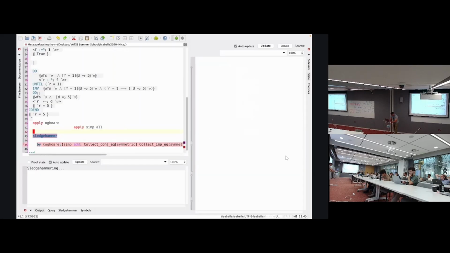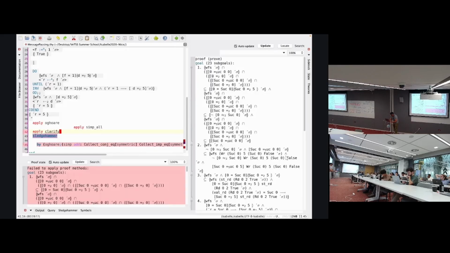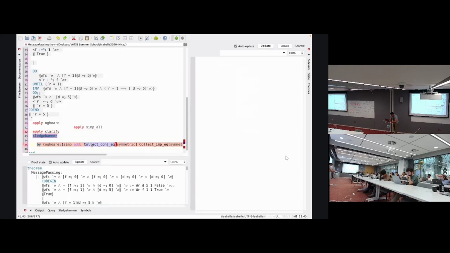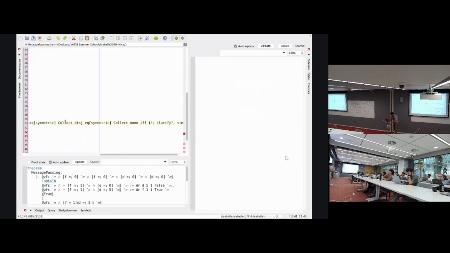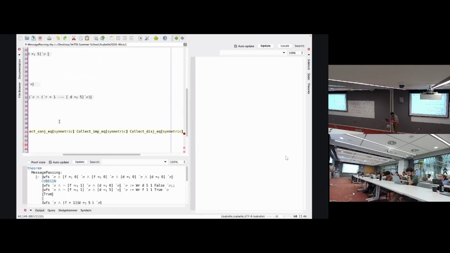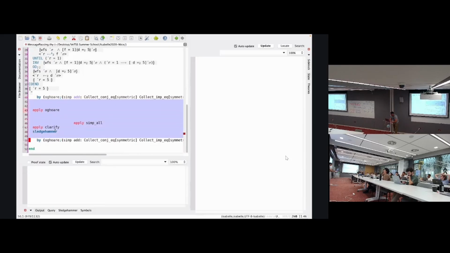Didn't quite work. Okay. So let's say I did this. Gosh, it just does everything automatically in one line. I'm trying to show you how it does it. It doesn't do it automatically in one line, but whatever.